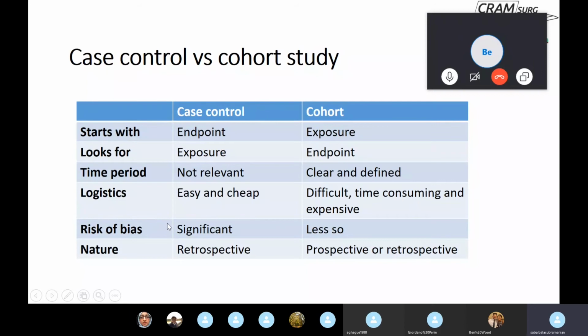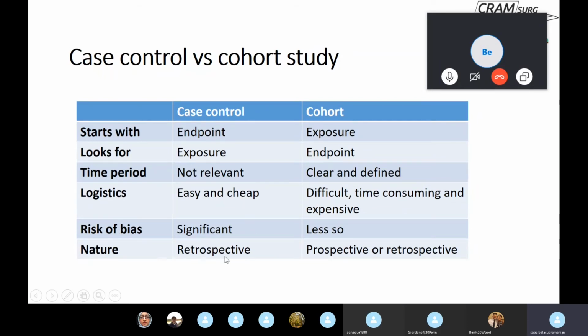There are a number of different types of selection biases, and again, bias will be another topic, but just keep in mind that case control studies are at a significant risk of bias compared to cohort studies, and therefore not the ideal kind of study if you're going to look at the relationship between risk factor and an outcome and disease. But they're quick and easy to do, and therefore they're often done in the first instance to look at associations before people then embark on a cohort study.